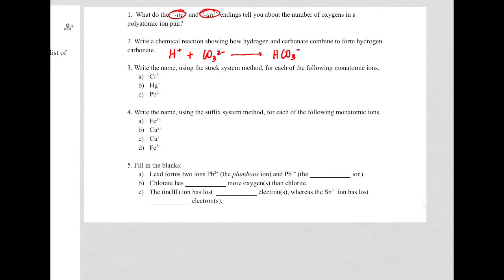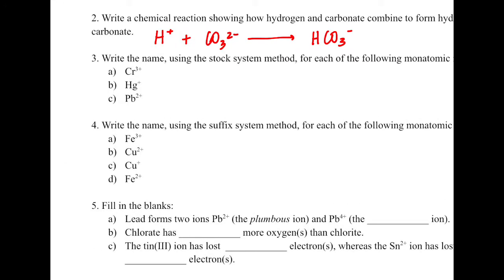Write the name using the Stock system for each of the following monatomic ions. Okay, so remember that the Stock system is the easier naming system for the metal monatomic ions. So Cr is chromium. And remember, we stick the parentheses right on the end of the m. There's no space between it.